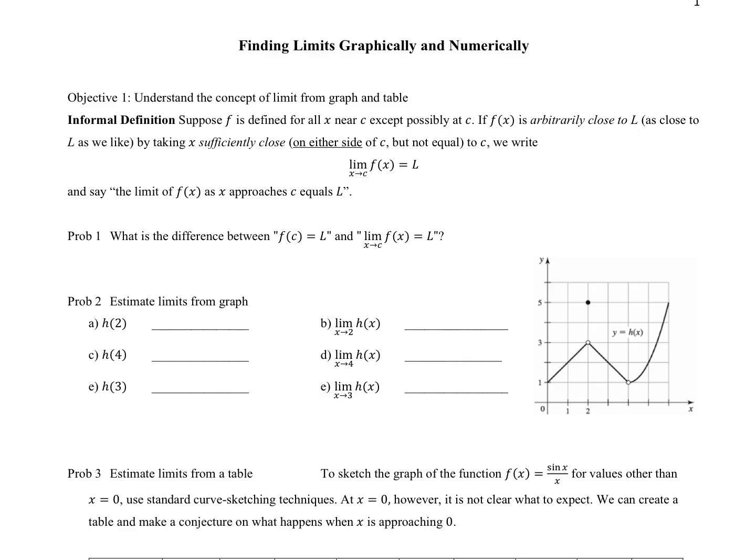As close to L as we like, by taking x sufficiently close to c. Well, you're making x close to c. It does not specify which side, so that means on either side of c, but not equal to c.